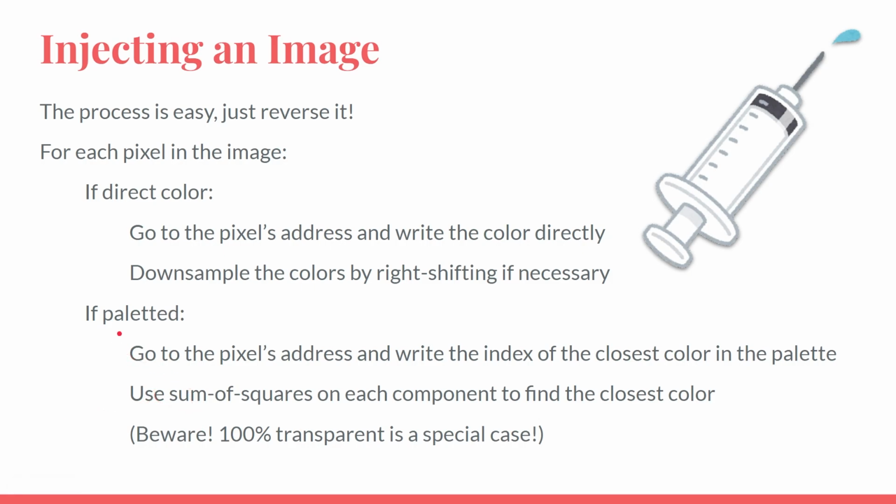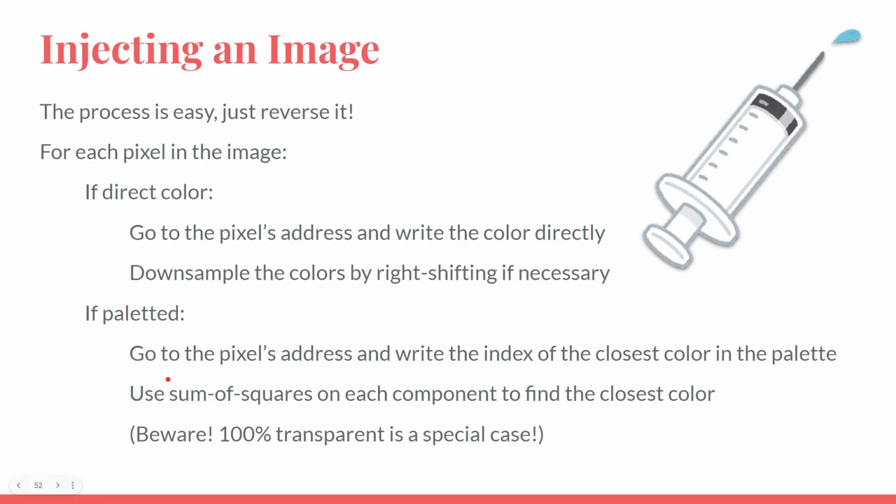Now, if we're injecting a paletted image, we don't output the colors directly, of course. We go to each pixel and we output the index of the closest color that matches the modified color of our image. How we find the closest color in a color palette is we use sum of squares.